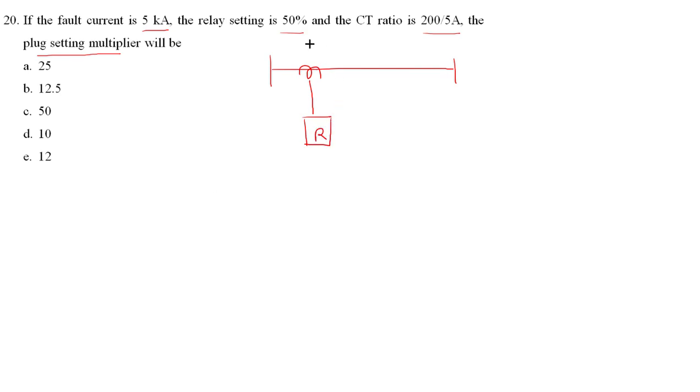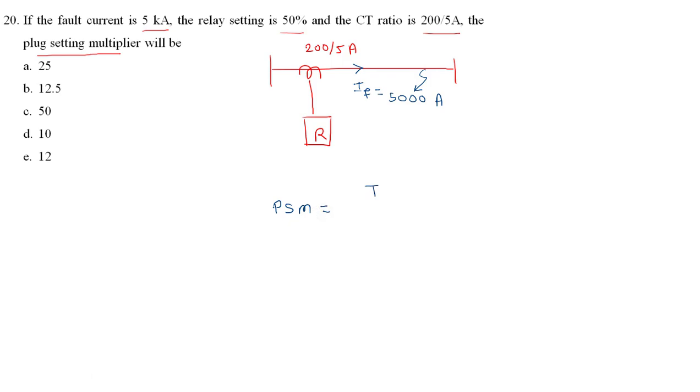The CT ratio is given as 200 by 5 ampere. Somewhere there is a fault in the system, and the fault current flowing in the system is 5 kA, that is 5000 ampere. Then we have to determine the plug setting multiplier, PSM.